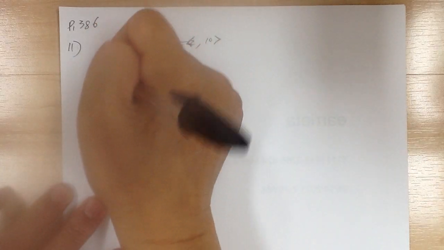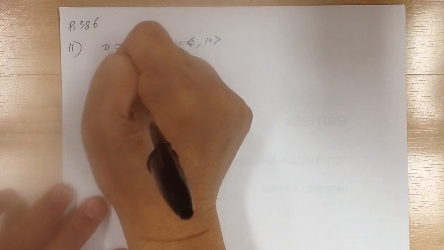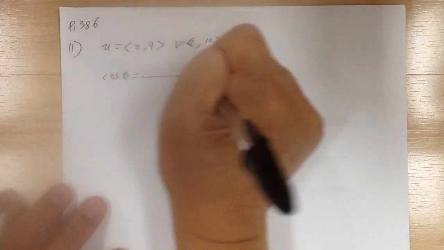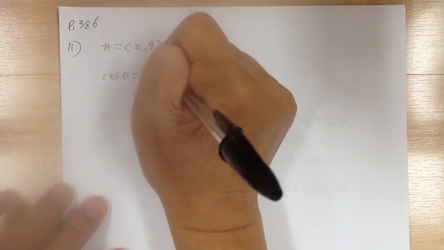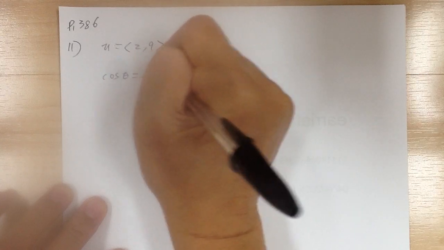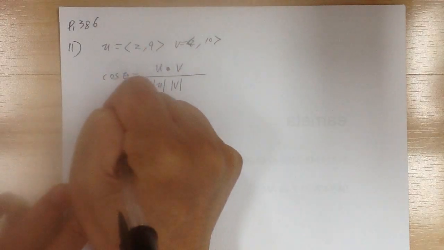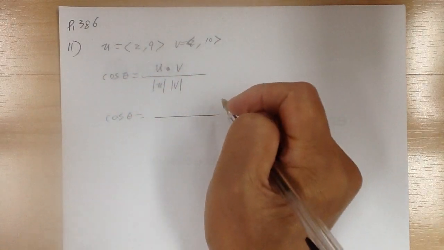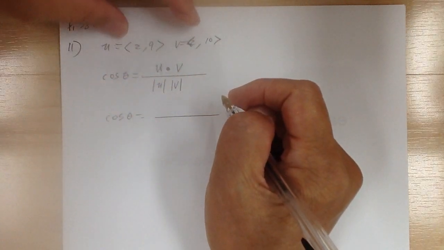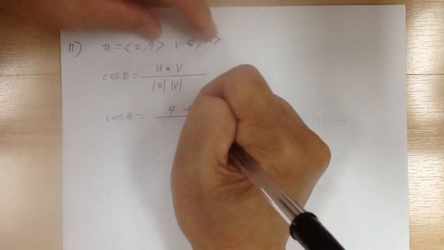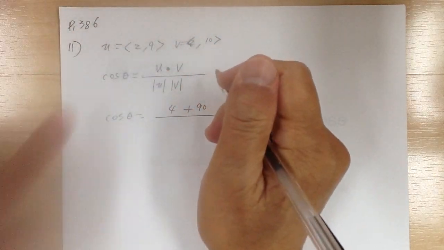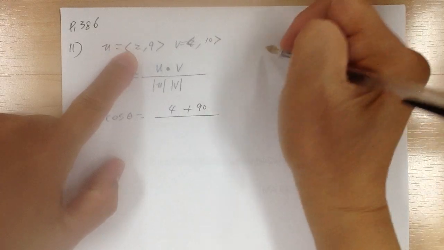We already did the formula from the last problem. So cosine theta equal to u dot v over |u||v|. Let's go and dot this. So 2 times 2 is 4, plus 9 times 10 is 90, over |u|, so use the Pythagorean theorem.